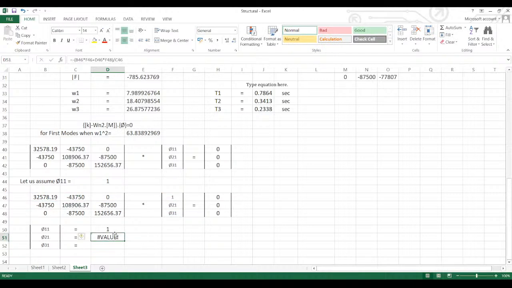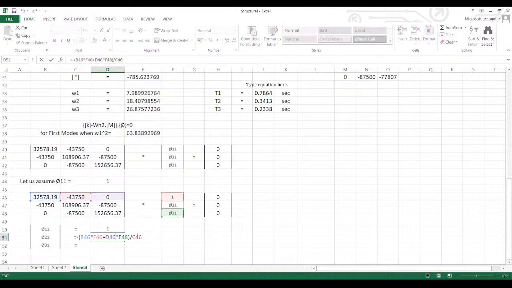Why did this happen? Minus into, well, that is okay, I think. Why did this happen? This into this plus, oh, there is the value, because this value is not working.